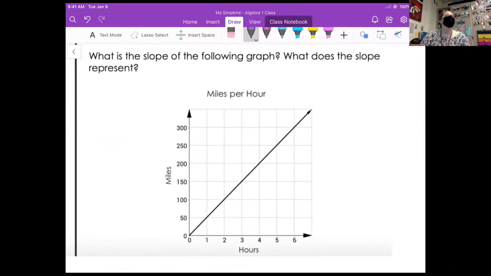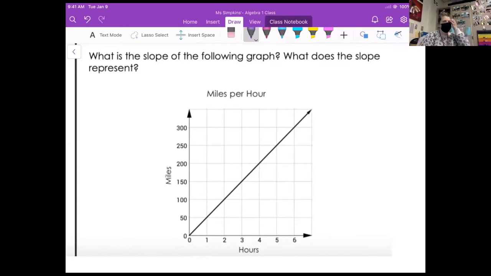So we want to find the slope. But Miss Simpkins, there's no points. What am I going to tell you? Make some points. Use whatever 2 points you want. As long as they're on the line, I don't care. Make 2 points that are on this line and find the slope.